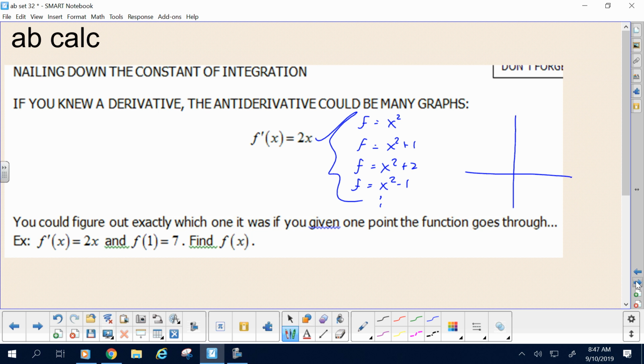All right. Now, if I then told you, okay, yeah, I'm giving you this derivative fact. So here's a family of different graphs. Later on we'll do what's called slope fields, and that'll be a family of, oops, that's not supposed to be intersection.